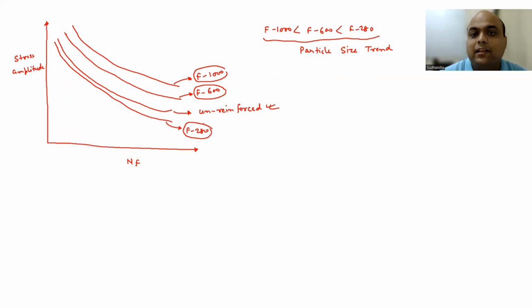You can apply the same concept we discussed before, that the F280 composites are going to have particles which are larger in size. And remember, this is again the case of extruded MMCs. That means these larger particles are expected to fracture before you test it. So obviously it is going to fail earlier.